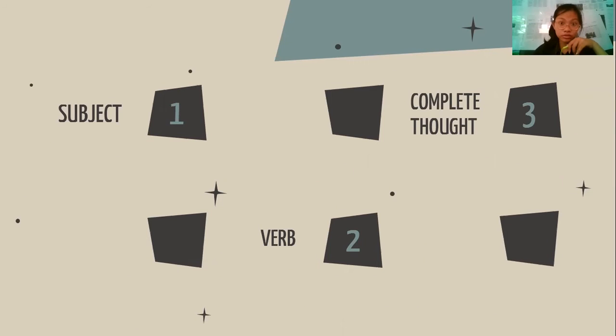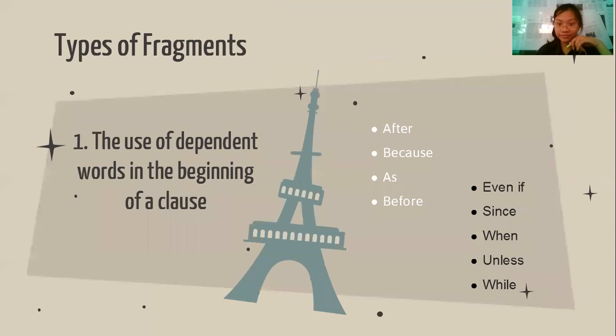And yes, of course, that's a grammatical error. Alright, so before we talk about how to fix the fragment, let's have a look at the types of fragments we have.